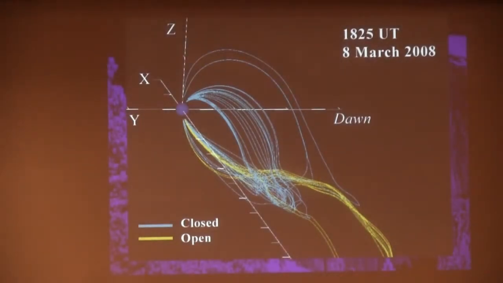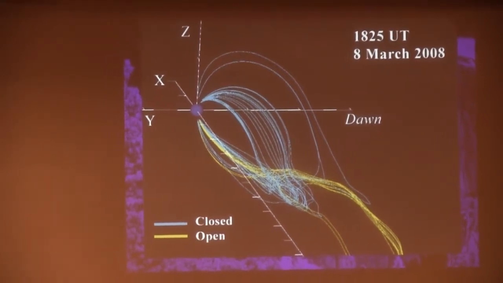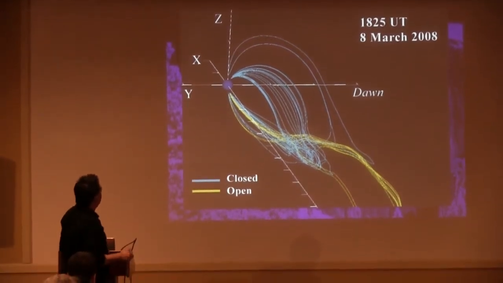Now, if we trace field lines into that region, then I'm going to step through. This is about 5 minutes before it develops. It's kind of hard to see that this is exactly that same region, but we're looking from the tail towards the Earth. This is the dawn flank, dusk flank, so we're down the tail looking in. Blue field lines are closed field lines.